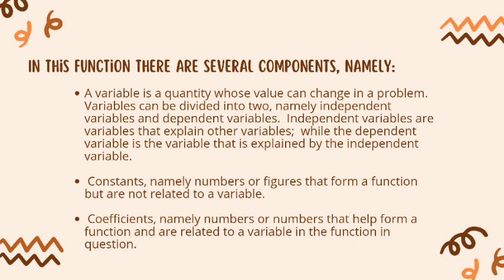Independent variable are variables that explain other variables, while the dependent variable is the variable that is explained by the independent variable. Second, constant, namely number or figure that form function but are not related to a variable. Third, coefficient, namely number of numbers that help form a function and are related to a variable in the function in question.